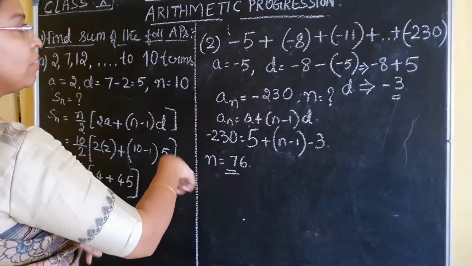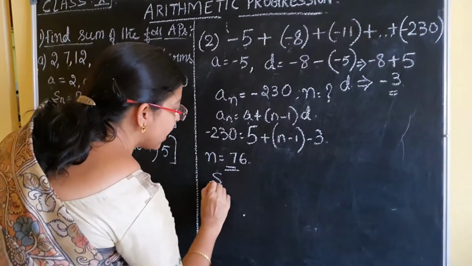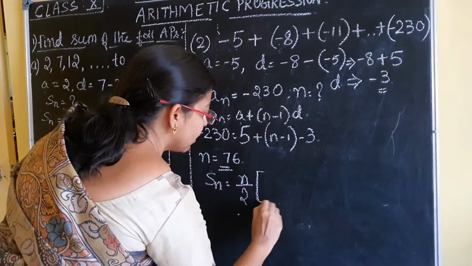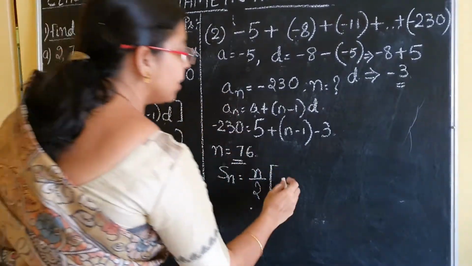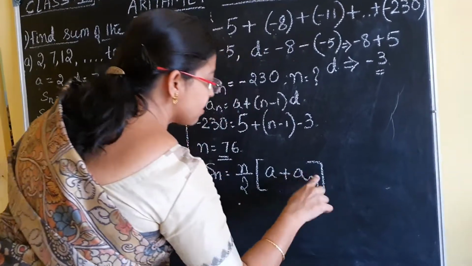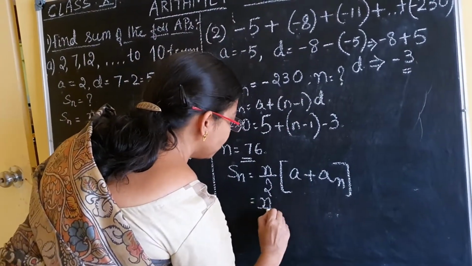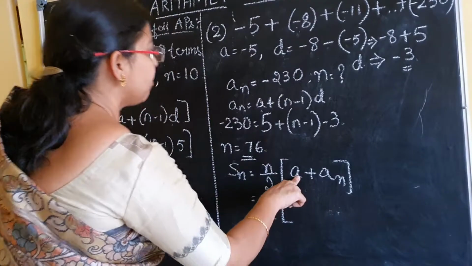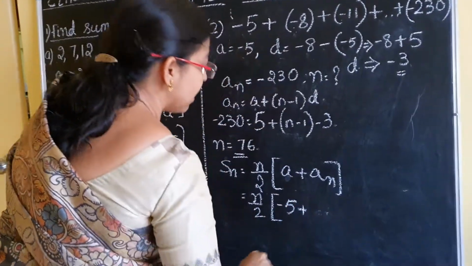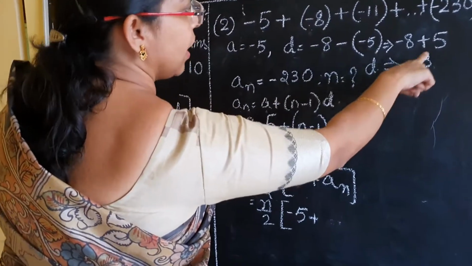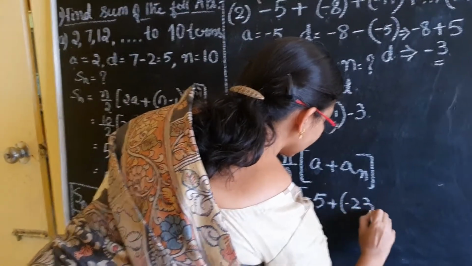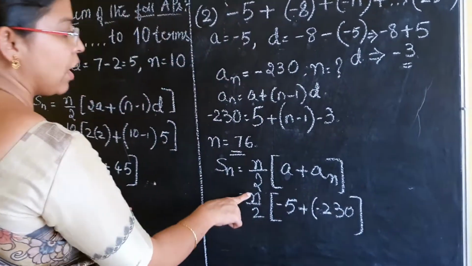With this value we can find out what is the value of Sn. That is n by 2. Since we know the value of an, we can use the other formula, a plus an, the last term. n by 2 into a, which is minus 5, plus an, which is minus 230.